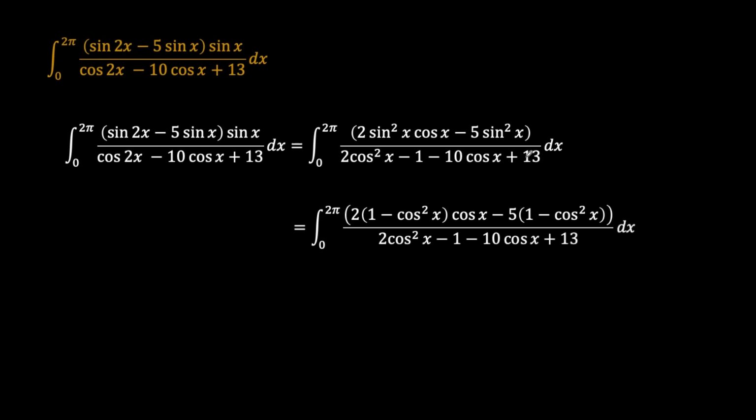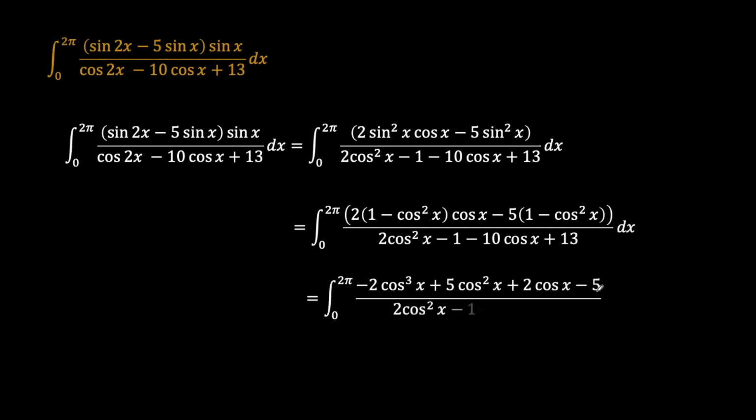Simplifying further, in the numerator we have minus 2 cosine cubed x plus 5 cosine squared x plus 2 cosine x minus 5, over 2 cosine squared x minus 10 cosine x plus 12, because the negative 1 and the 13 combine to yield 12 here. Which is good. We can decide to pull this negative out.